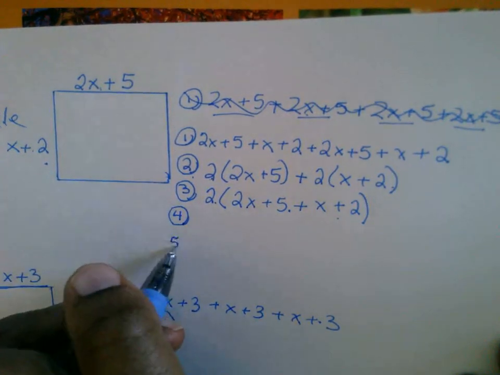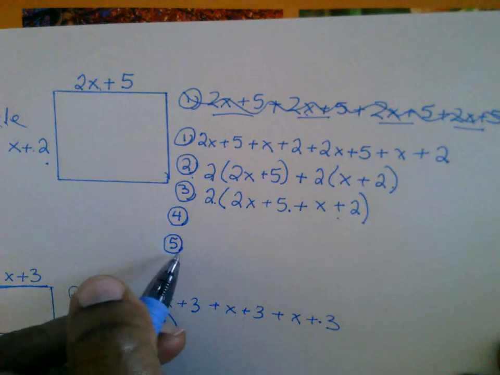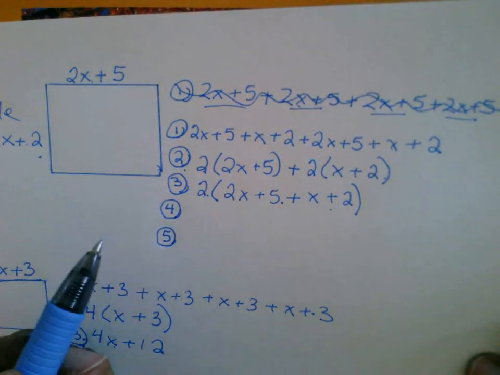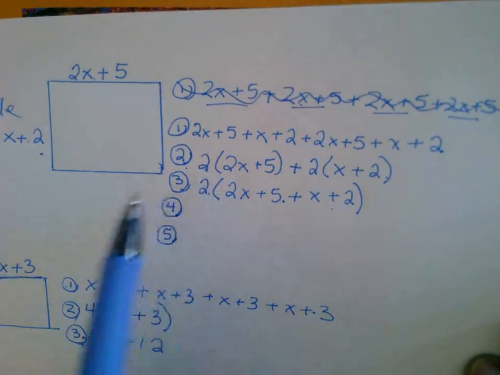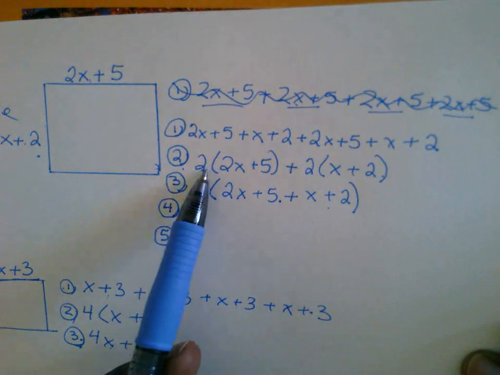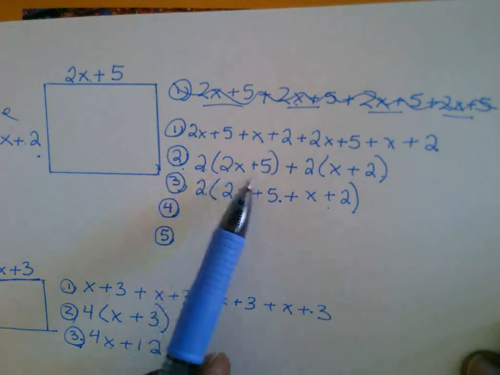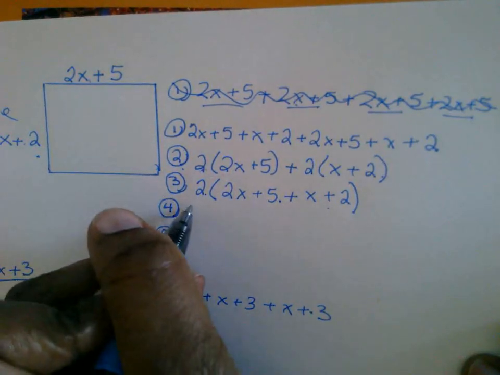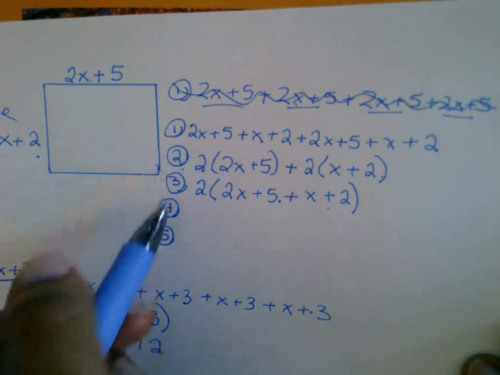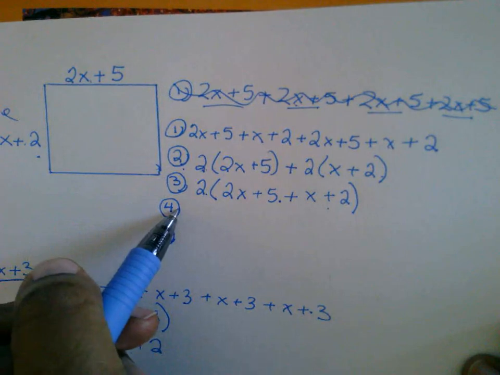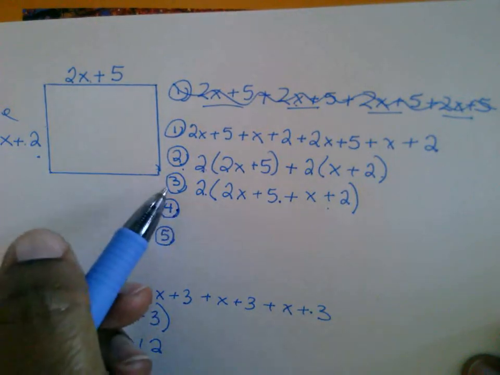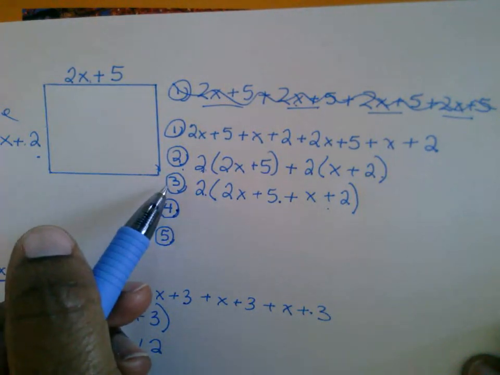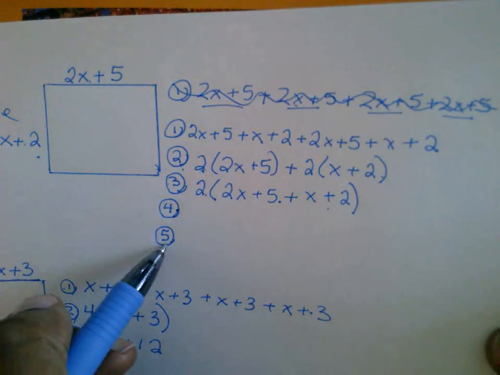Okay, so then that's how we're going to end up with maybe 5 or 6 different expressions for the rectangle. Because we can take number 2 and distribute. Look up to check your work where you distribute number 2. And then for number 5, look up to check your work where you distribute number 3.